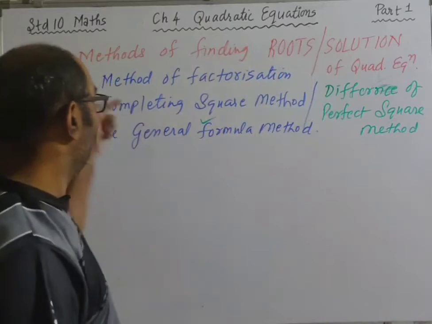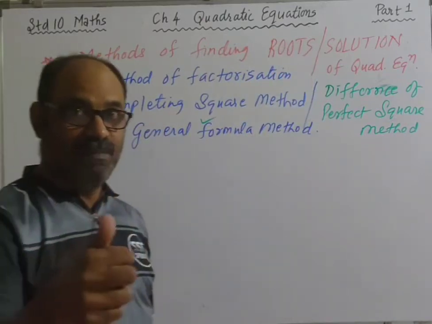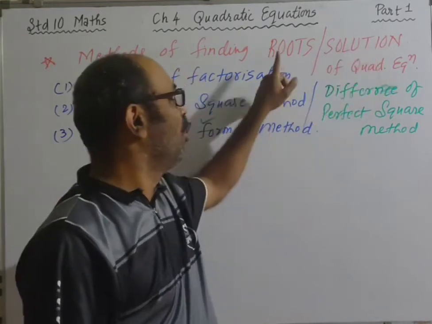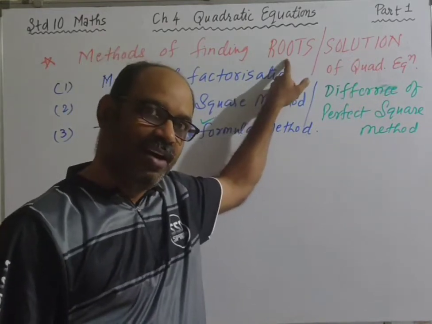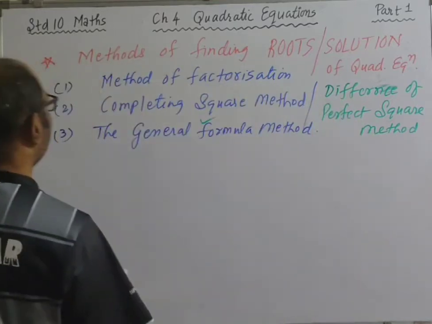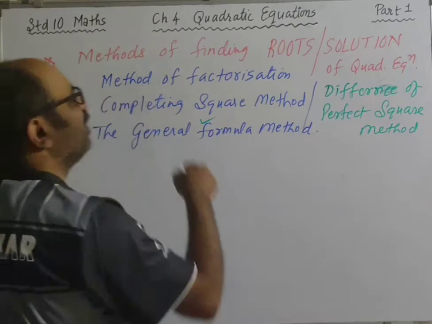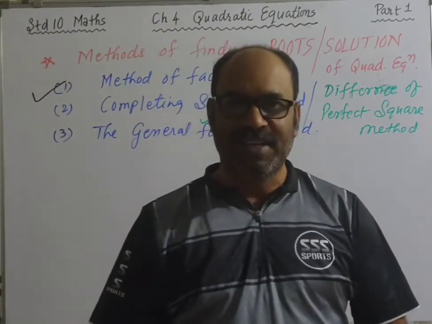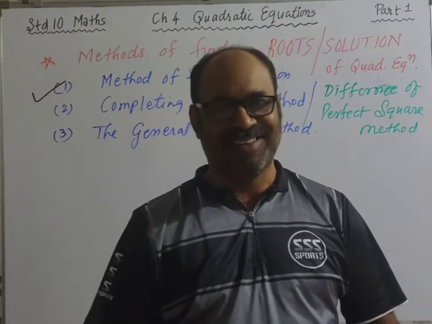So these are the three methods which will help you to find the solution of a quadratic equation, or we can say the roots of a quadratic equation. So in today's session, let us learn how to find the roots of quadratic equations by using the factorization method.